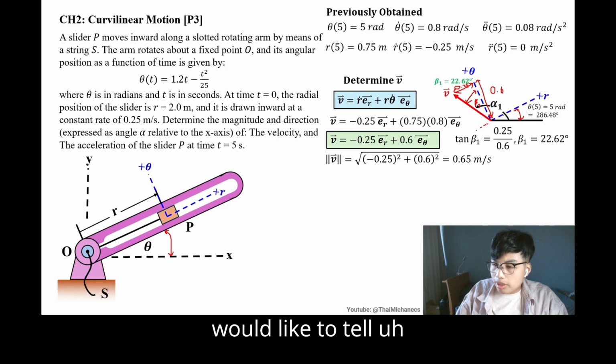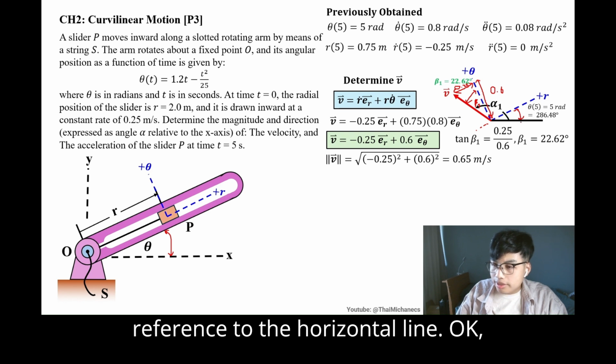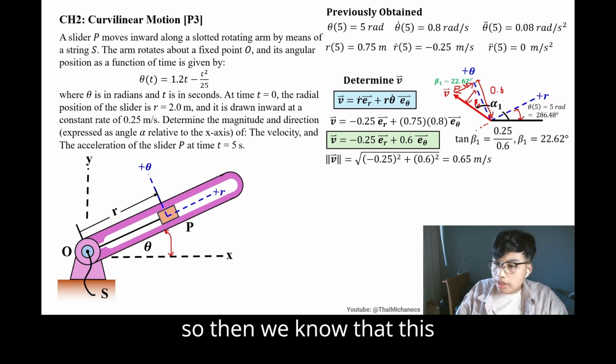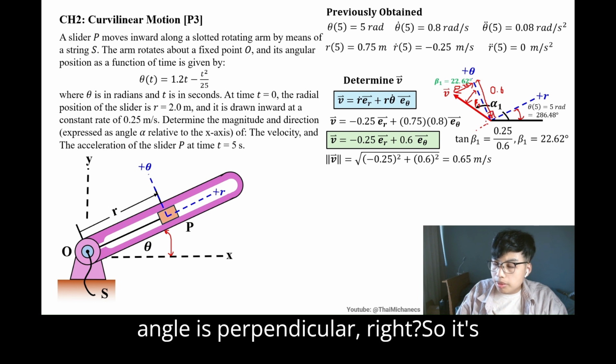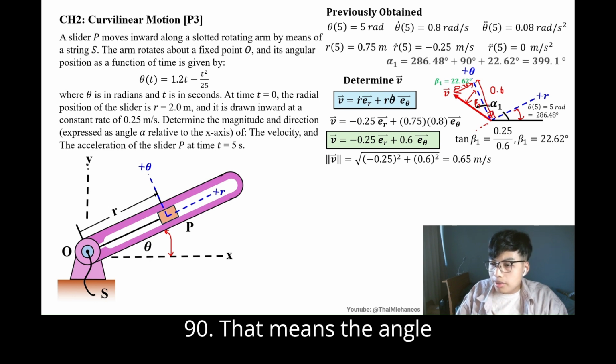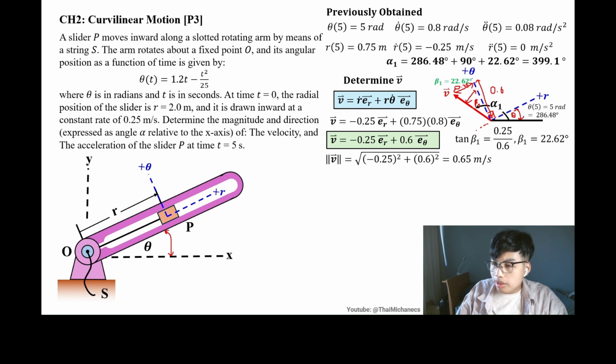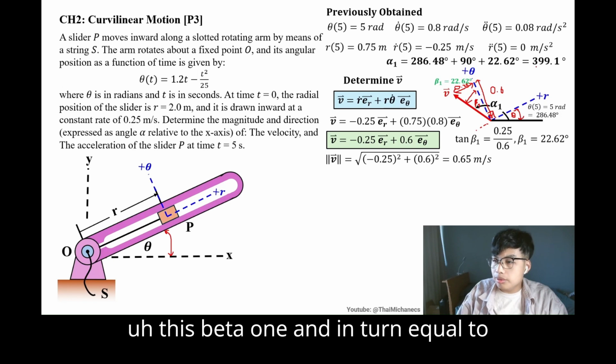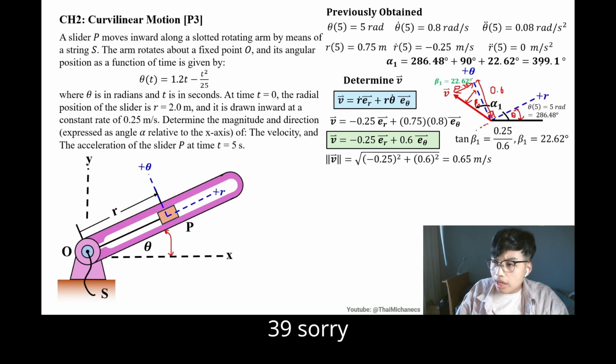So what is left is that we have to refer the direction to the horizontal line. We know that this angle is perpendicular, right? So it's 90. That means the angle alpha 1 will be 286, which is from this angle theta, plus 90 here, and plus 22.62 here, which is this beta 1, and in turn equals 399.1.